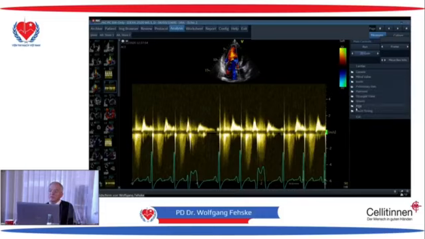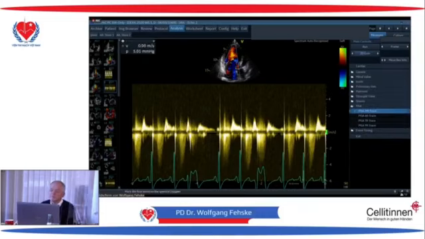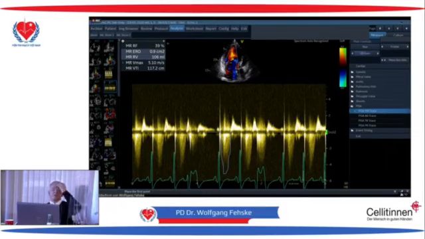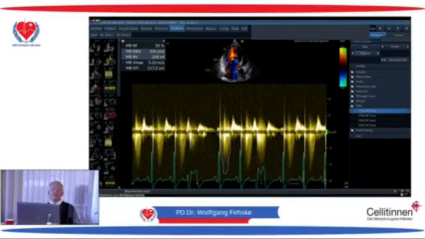Sorry, what is PISA? Mitral regurgitation. I take that one here. I cannot do it because there is no, I take that one. So you have a mitral regurgitation fraction of 39% because I did the measurements before of the left ventricular stroke volume.